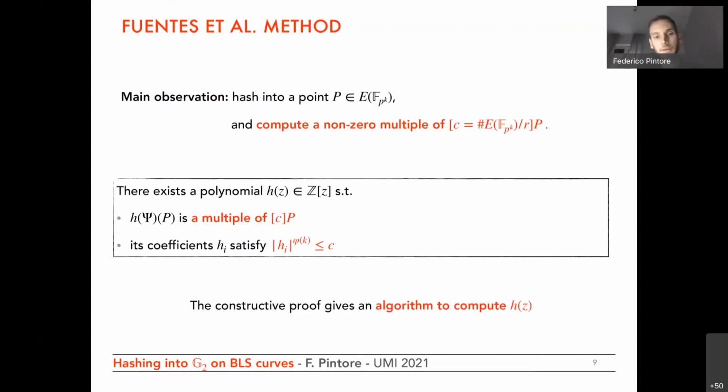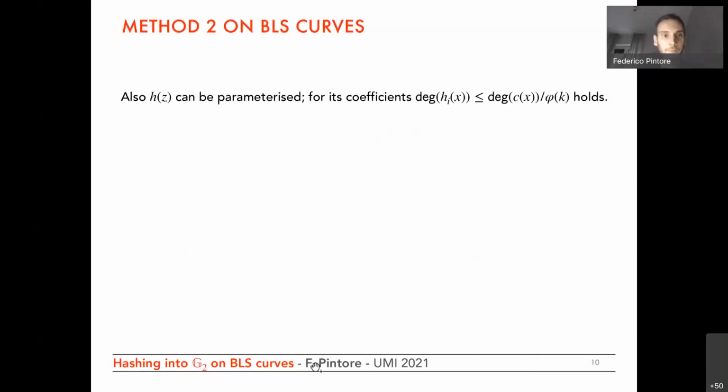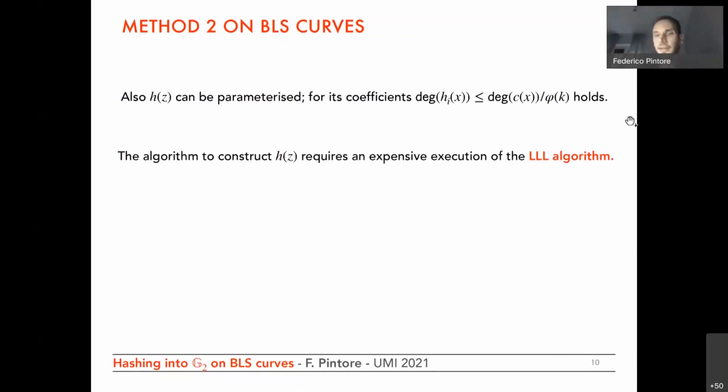The nice thing about this theorem is that the proof is constructive, and so it gives an algorithm to actually compute this polynomial h(z). This polynomial h(z) can be parameterized as well, which makes its coefficients polynomials with integral coefficients in the unknown x, with also some constraints on the degree of these polynomials.